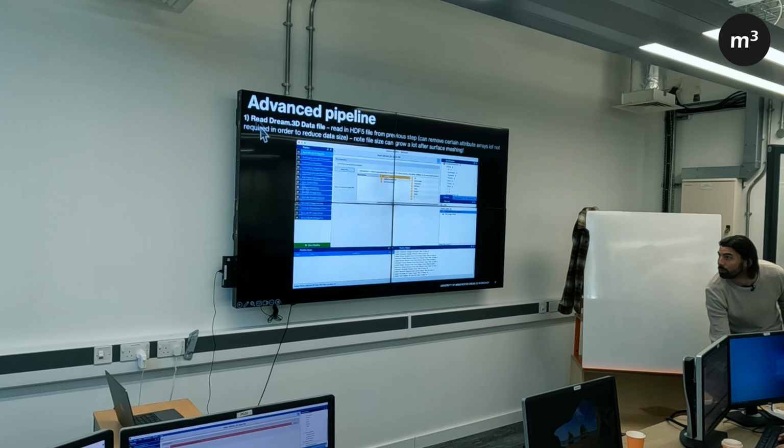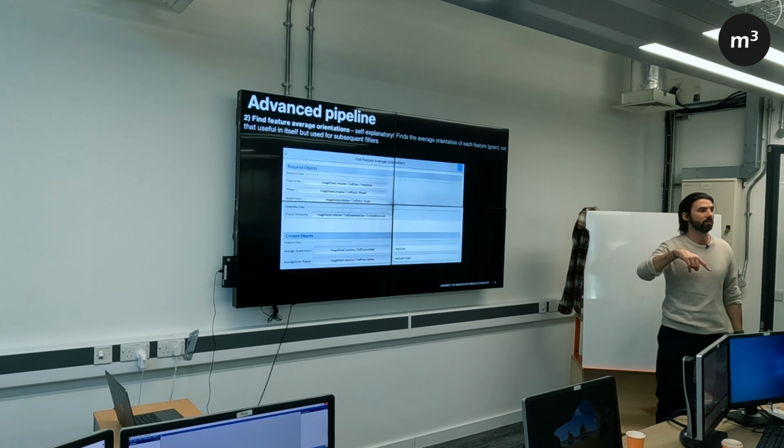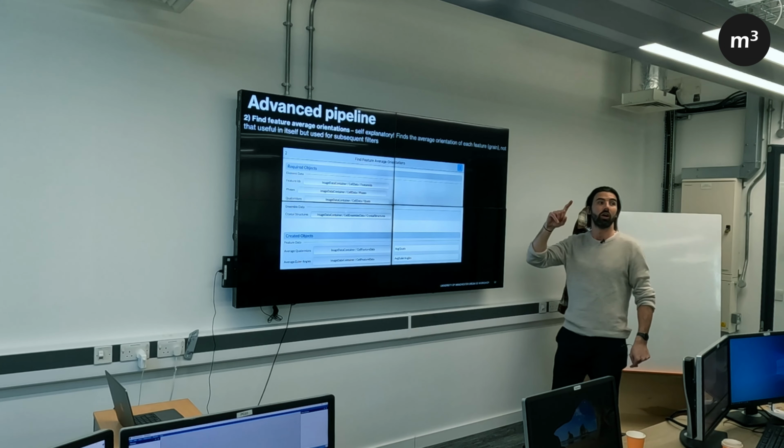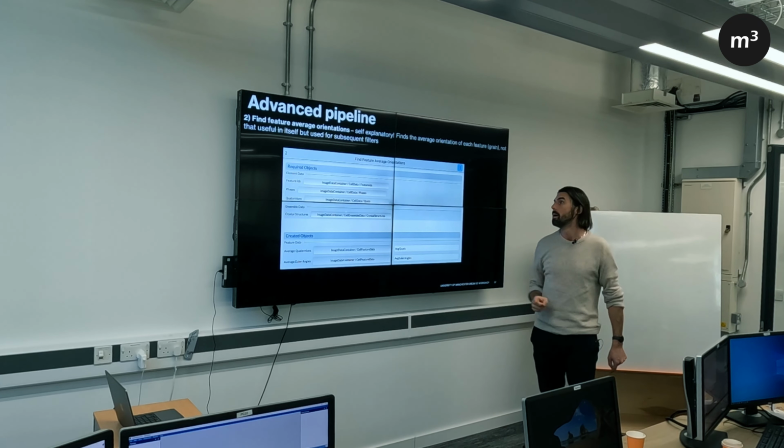And then the first one we're doing here is find feature average orientation. In itself, it's not that useful. What this will do is it'll take all the Euler angles for each feature and calculate an average of that, and it will give you a single set of 3 Euler angles for each feature.